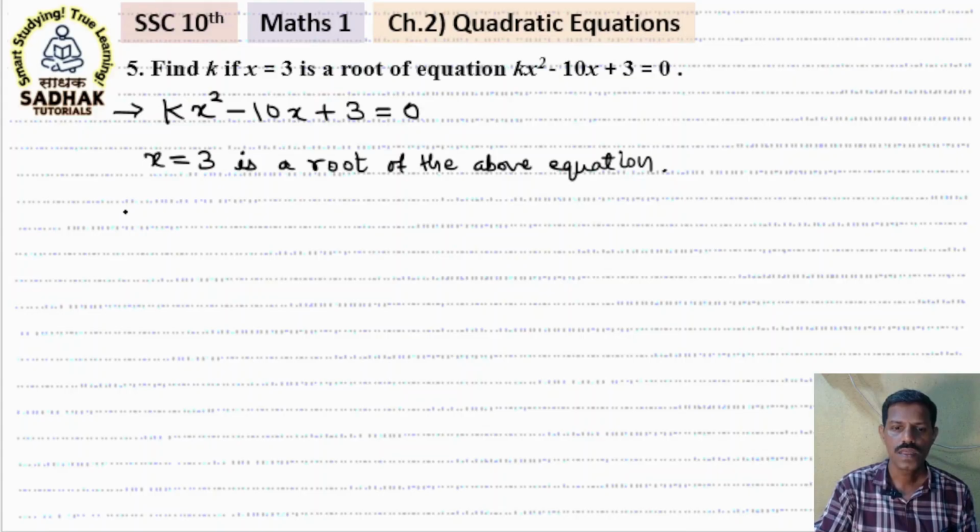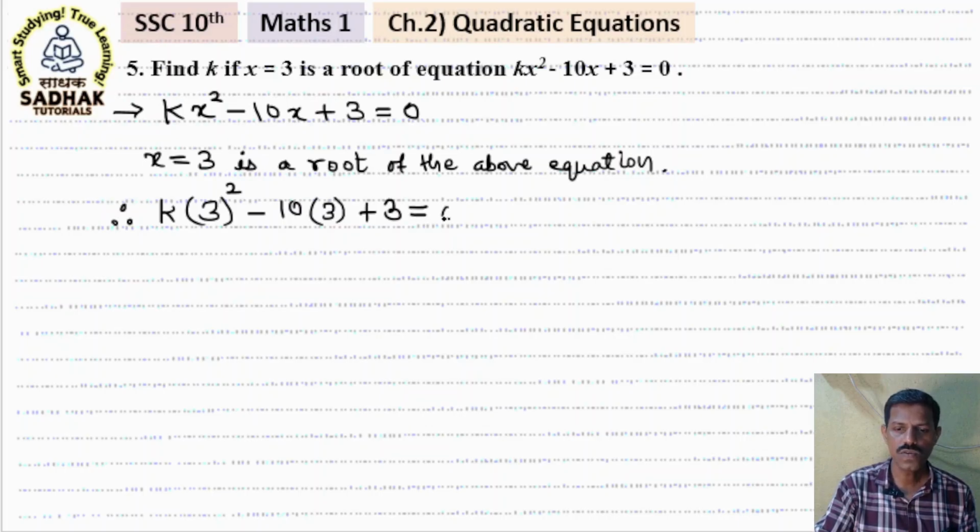Therefore it should satisfy the equation, so we will put x is equal to 3 in the given equation. So therefore k bracket, now wherever there is x we will put 3, so 3 square minus 10 bracket 3 plus 3 is equal to 0.